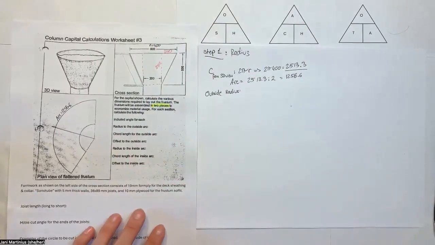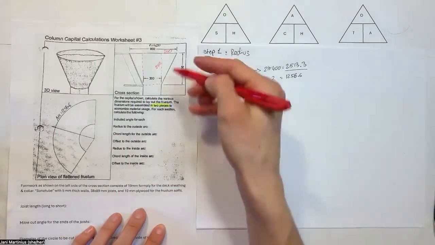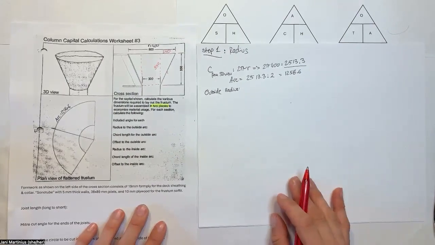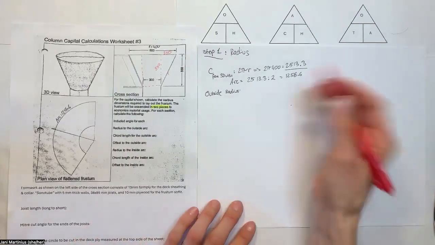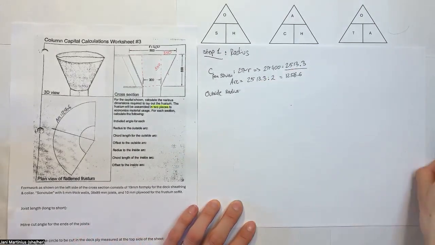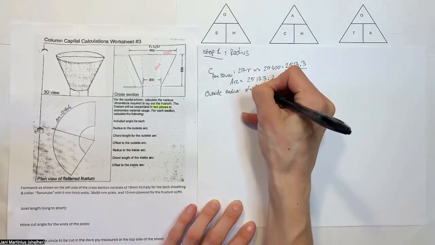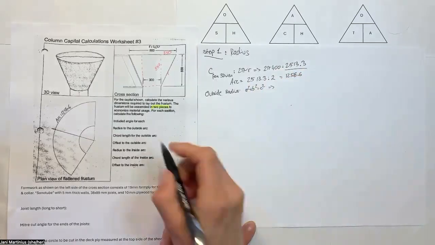Now, can we find out the radius? Radius being the hypotenuse right here. We can, right? A squared plus b squared equals c squared. Pythagorean. So let's punch those in.